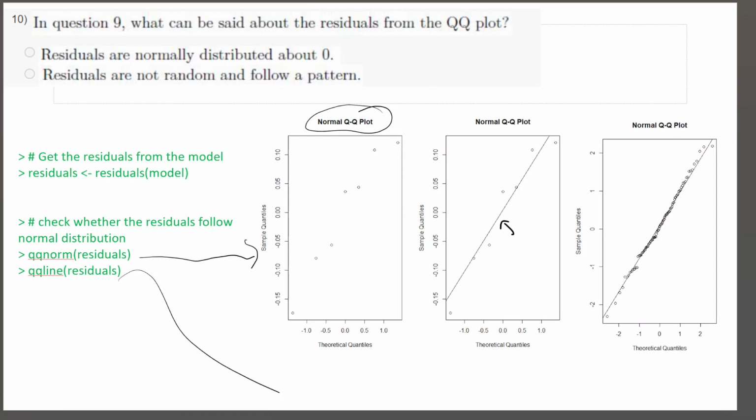Then we are drawing a QQ normal line to that, that is qqline. If we draw the line, we can see it's not a completely random one. Rather, it has a pattern, or in other words, it is following a linear fit. It's close to following a linear fit. So residuals are not random. It follows a pattern. So that is the answer to this.